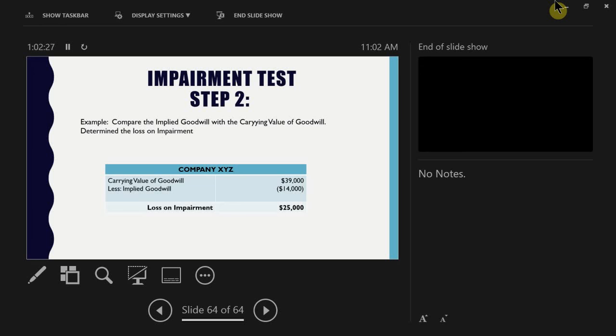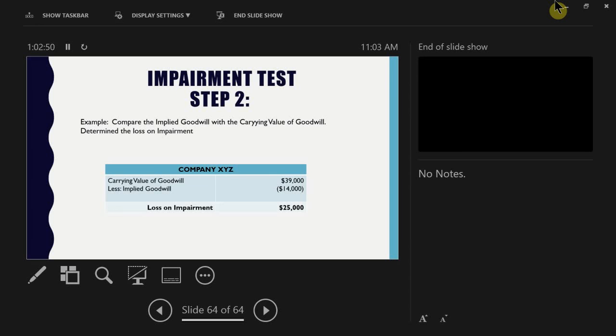Now, in this case, you have two ways that you can record it. You can either amortize it slowly through the rest of its life, or you can simply swap it out and say, well, if my carrying value is going to be 25,000, then I'm just going to go ahead and write off that 14,000.